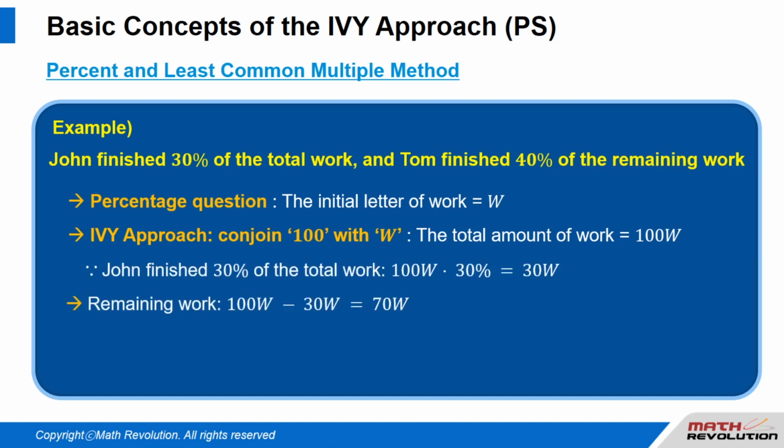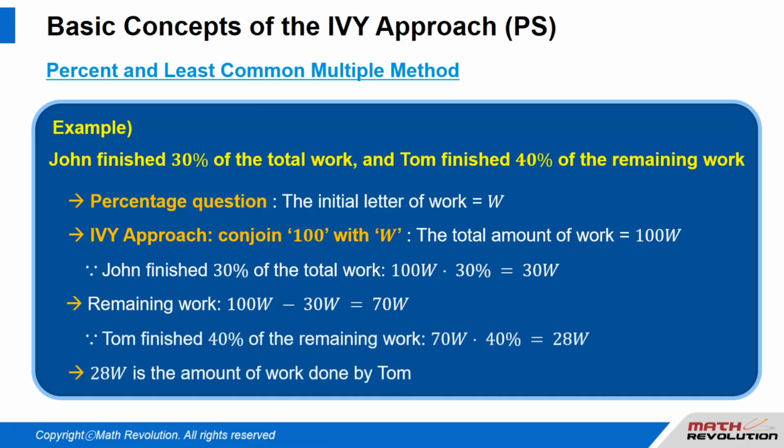Since John finished 30% of the total work, we get 100 times W times 30% equals 30 times W. The remaining work is then 100 times W minus 30 times W equals 70 times W. Since Tom finished 40% of the remaining work, we get 70 times W times 40% equals 28 times W. 28 times W is the amount of work done by Tom.